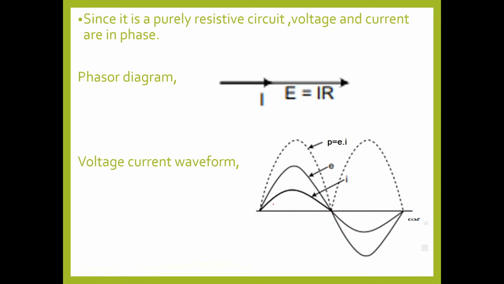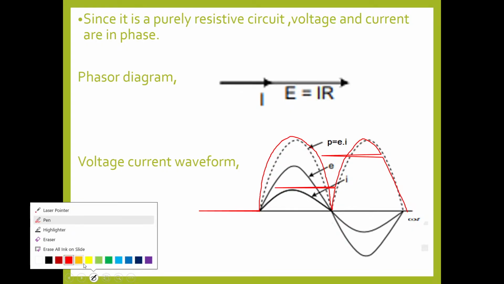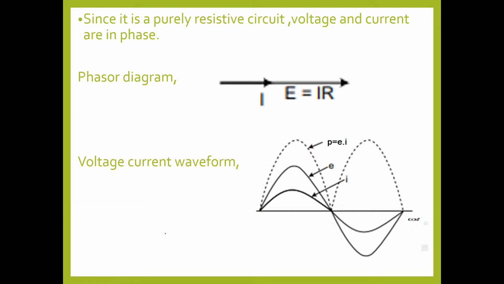So this is the current waveform and this is the voltage waveform. Both are in phase with each other. This is the instantaneous power waveform, where the dotted line is the instantaneous power waveform for the given resistive circuit.